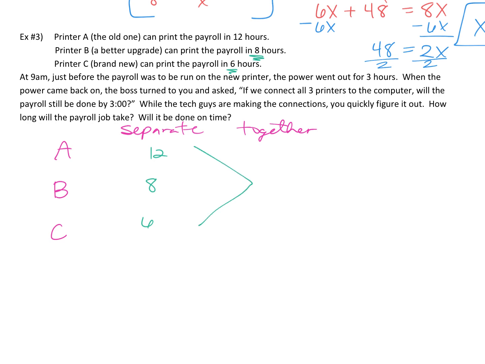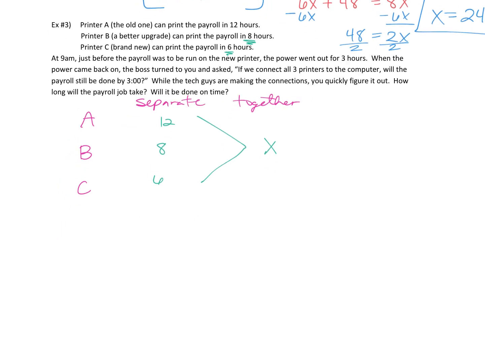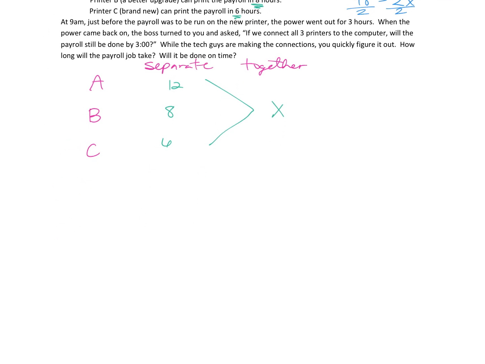Together is what we're trying to figure out. x. So what if we add them all together, as ratios? Together over separate.